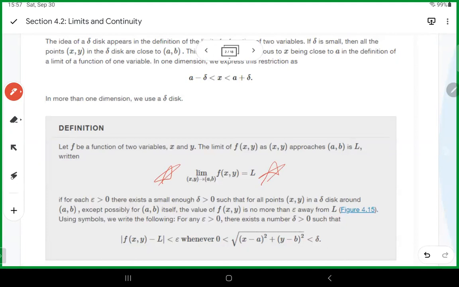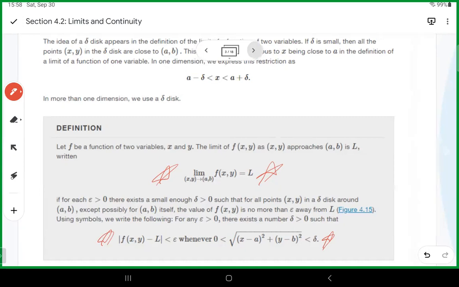If for each epsilon greater than 0, there exists a small enough delta greater than 0 such that for all points (x, y) in the delta disk around (a, b), except possibly for (a, b) itself, the value of f of (x, y) is no more than epsilon away from L. Using symbols, we write the following. So this is also important. Yeah, we don't have an example until slide 6.